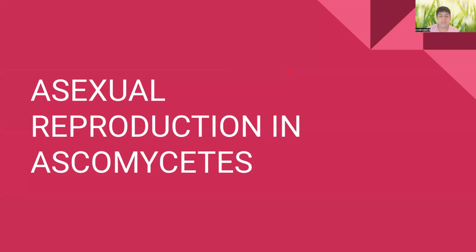Next, you have asexual reproduction in Ascomycetes. So what basically happens in asexual reproduction of Ascomycetes is, you have one type of Ascomycete. Its name is Neurospora. We will learn Neurospora in examples.